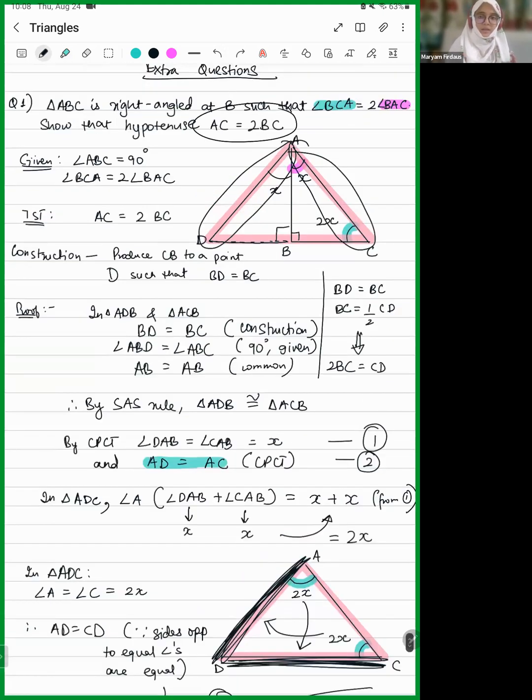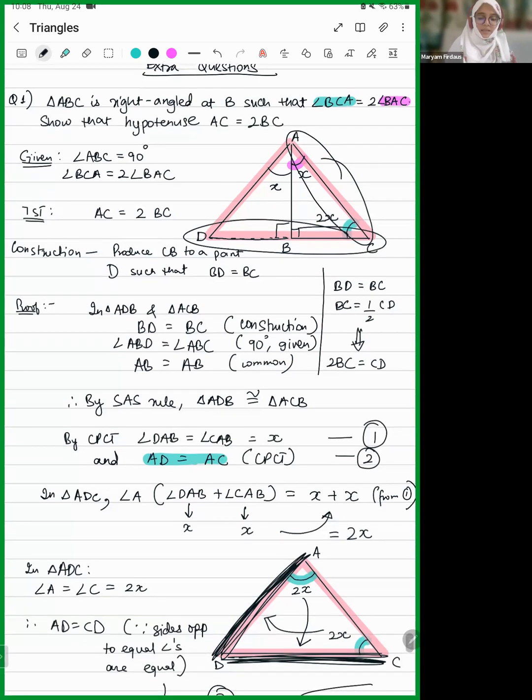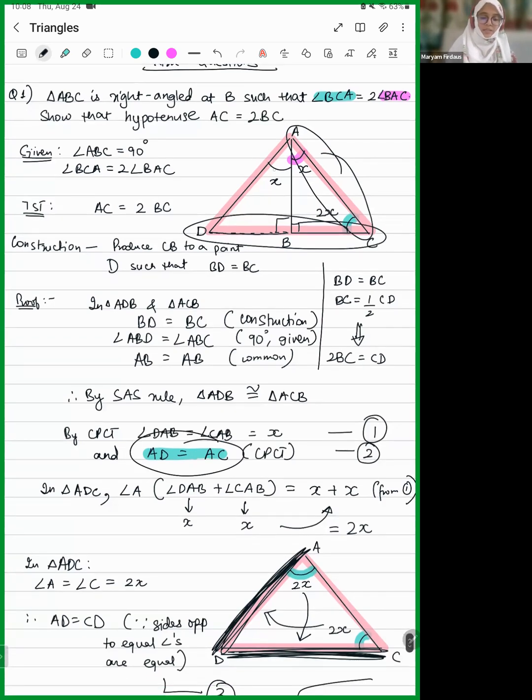The question only says show that AC is twice of BC, which means we have to show that AC is equal to CD. But right now we have shown that AC is equal to AD. We haven't shown this part yet.